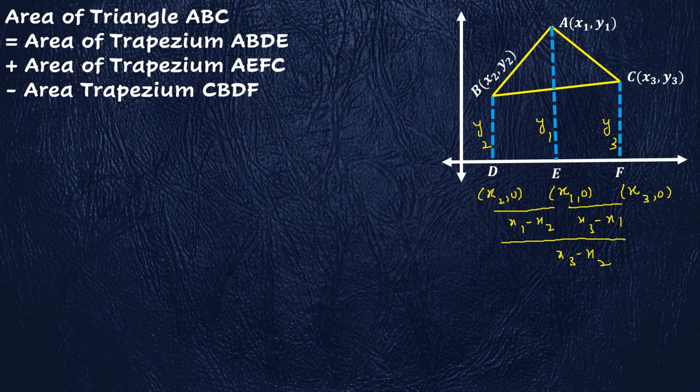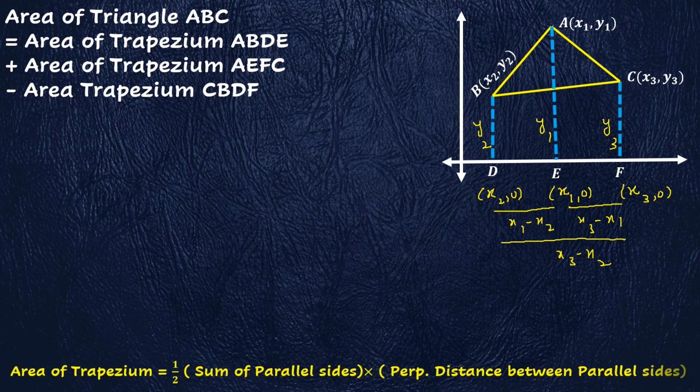Now we find the area of these trapeziums. Area of a trapezium is equal to 1 by 2 into the sum of parallel sides into the perpendicular distance between the parallel sides.